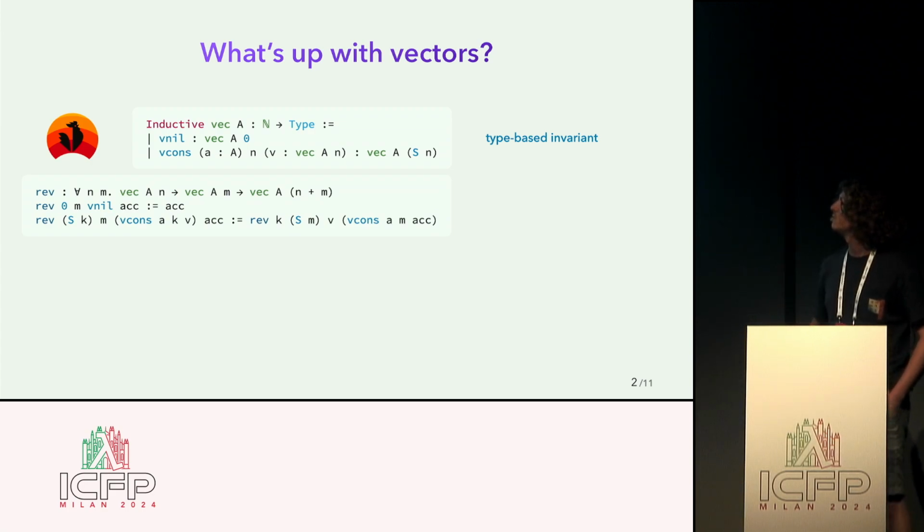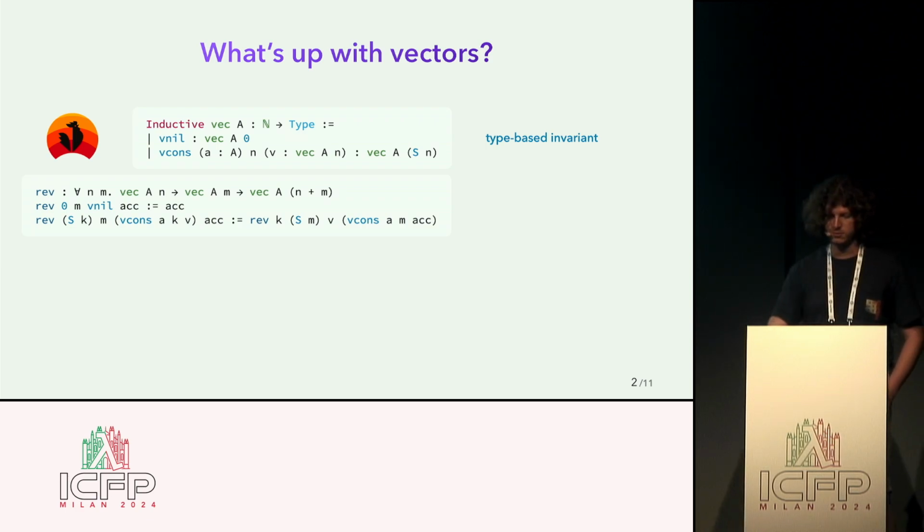And if you want to write the reversal function, like the tail recursive version that uses an accumulator, then you would give it this type, where you have a vector of length n, an accumulator of length m, and then the result is of length n plus m.